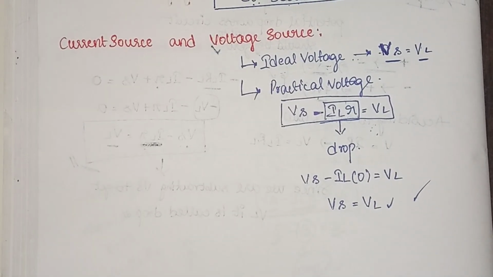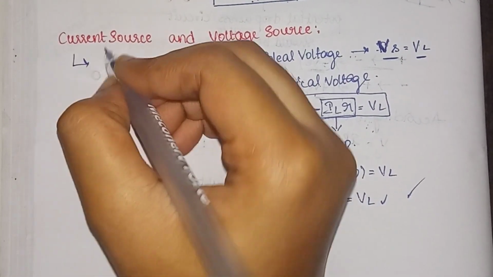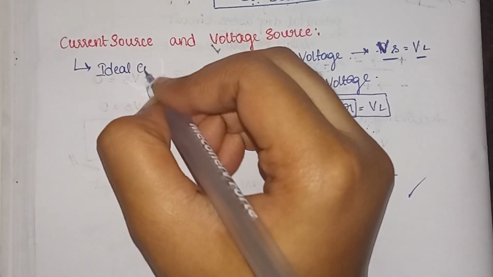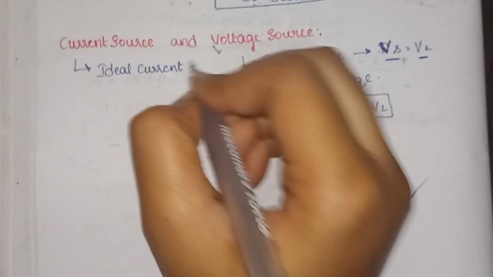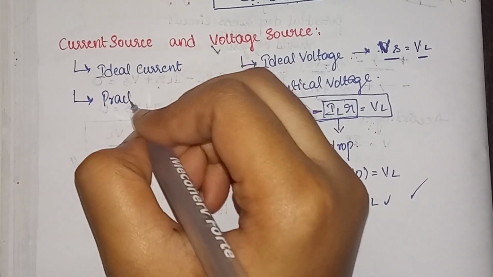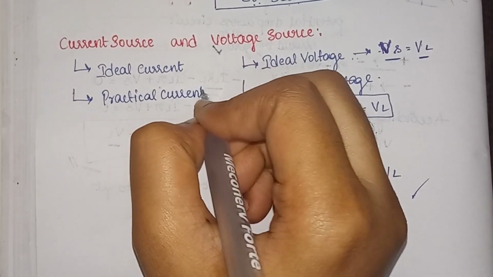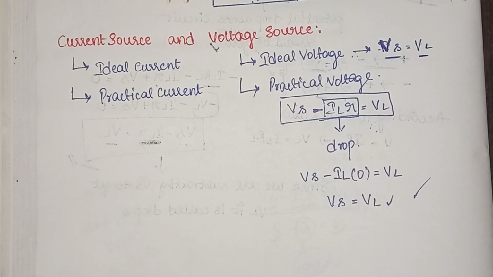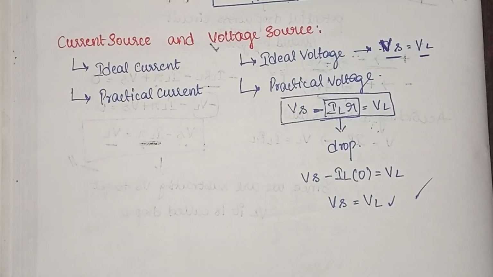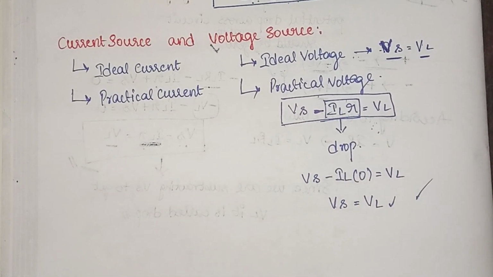Now we'll discuss current source. So current source also has two combinations, same as voltage. Here we will have ideal current and the other one will be practical current. Okay? So both voltage source and current source are easy to understand if you are replacing the terms by voltage and current.